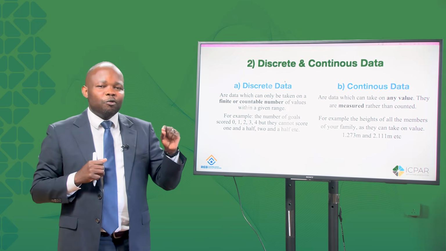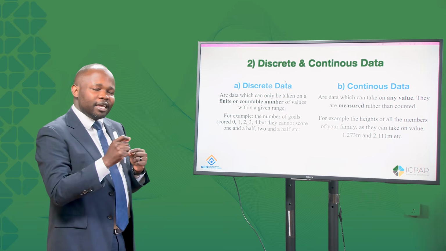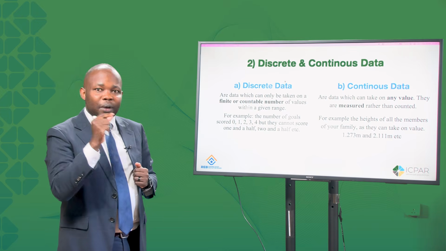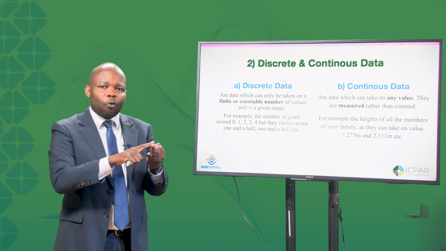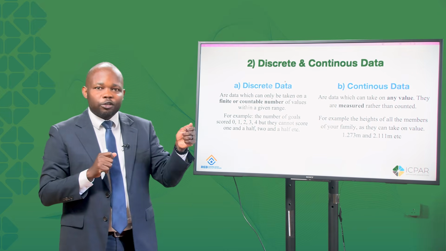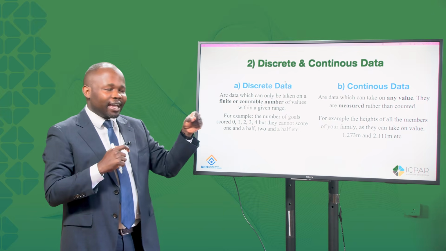Finite is something with an end. An example is the number of goals that can be scored by a team. A team can have 0 scores, 1 score, 2 scores, 3 scores, or even 4 scores. So that's discrete. Discrete is something with an end.